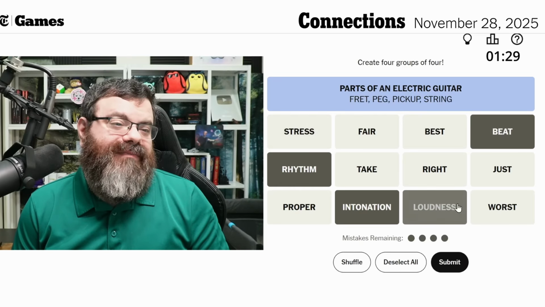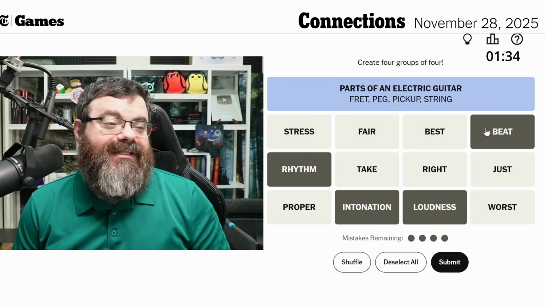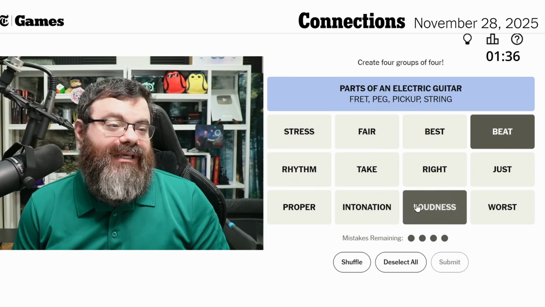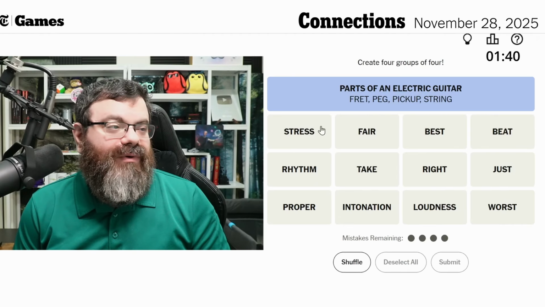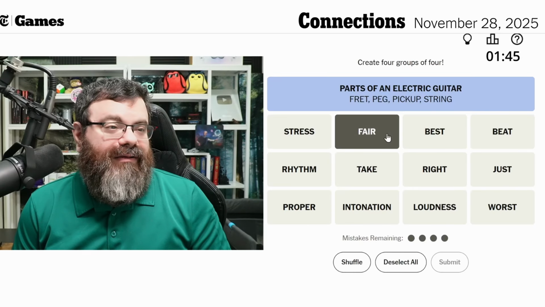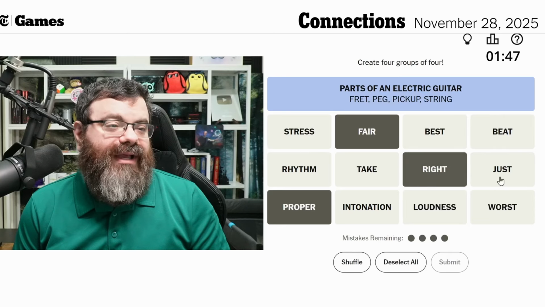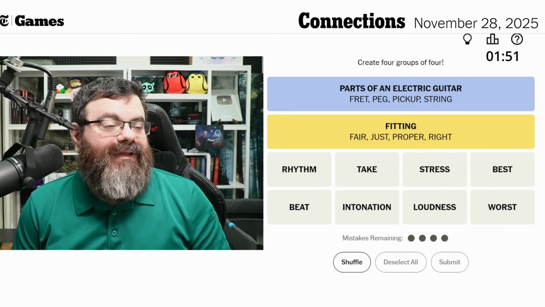Loudness, stress, maybe loudness. Are these just properties of music? I'm going to hold off on this because I'm a little confused. It probably is one, but why waste a mistake when we can just look at what the other words are? Something like fair, I haven't looked at yet. Being fair, being proper, being right, and being just. This is synonyms. This is probably yellow. Fitting. Okay.